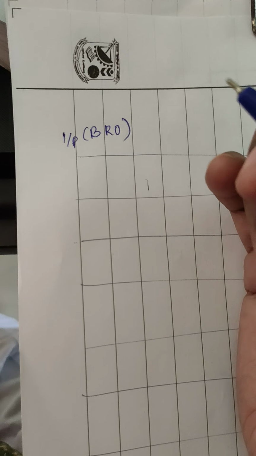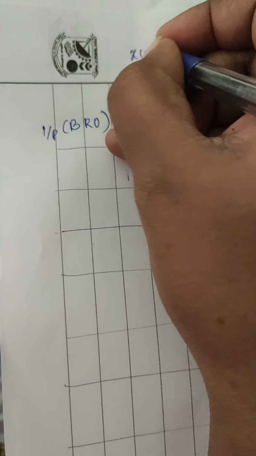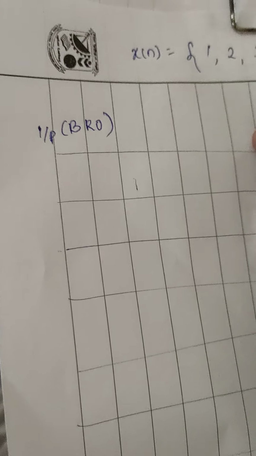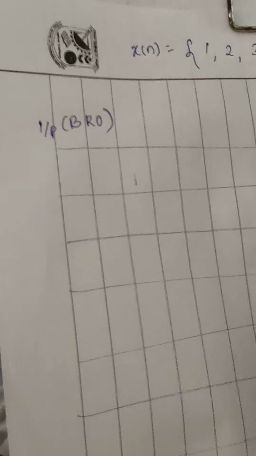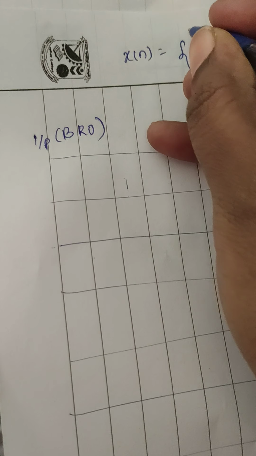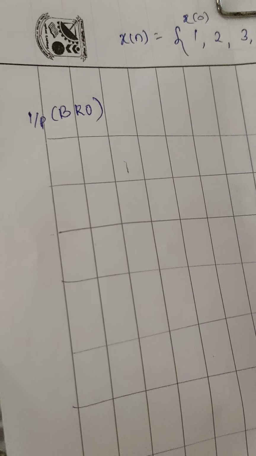Then you take the input. The input I have told you to take in bit reversal order. We know the input they have given as x of n, 1, 2, 3, 4, 4, 3, 2, 1. It is in normal order. So this corresponds to x of 0th value, and this corresponds to x of 7th value.